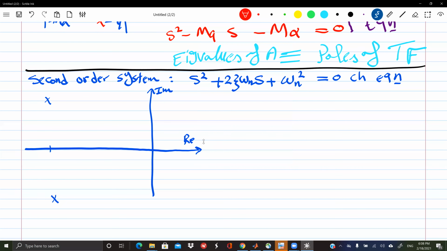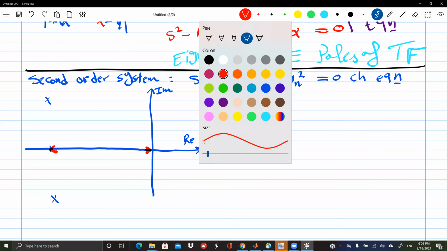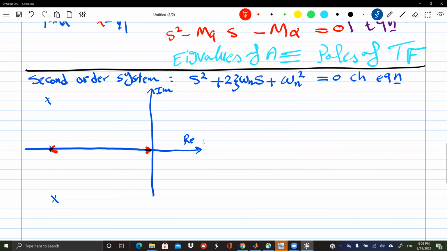Why are we obsessed with the locations of the poles, or with the poles in general? Because of the following. This horizontal distance is actually zeta omega n.